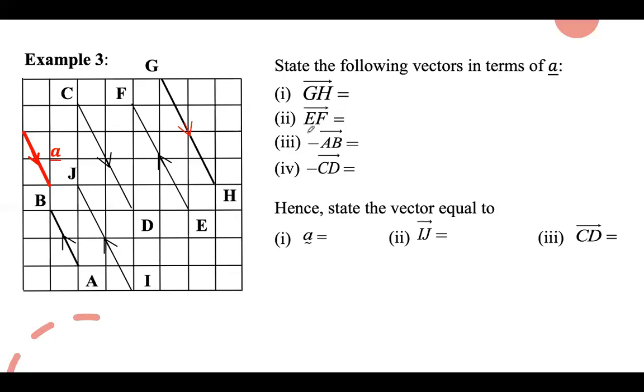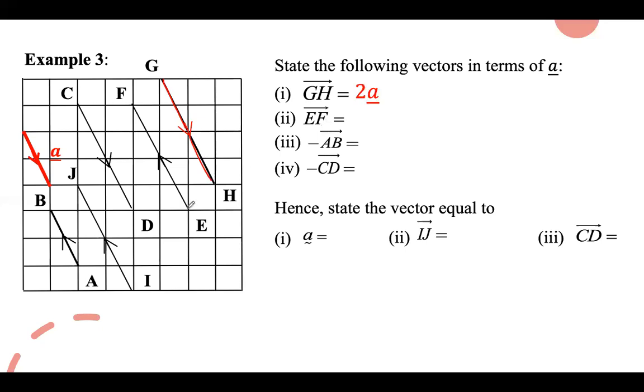Let's see, GH is this vector. So GH is 2 times A. You see A once, so GH is 2A.